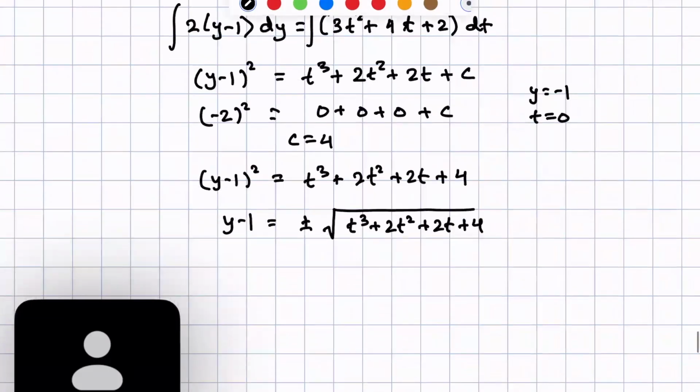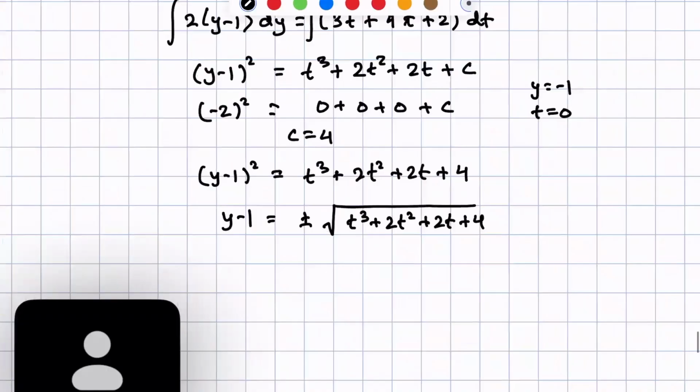Now, let's take a look at which branch I should take. Notice that y is -1. So that means that right here, when t is equal to 0, y is equal to -1, I actually get a negative number here. And so I really need to make sure that the right side is also negative.